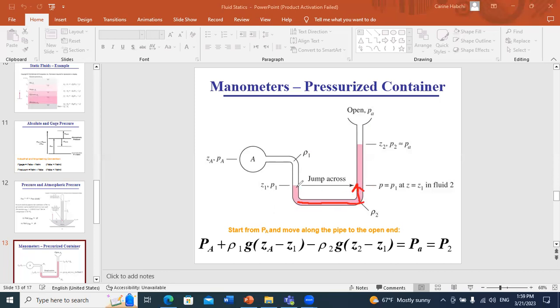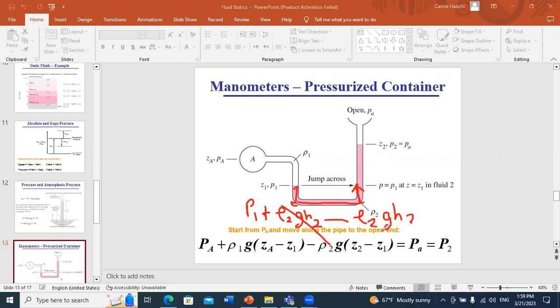That is, when you move from this level to the bottom level, you have P1 plus rho of fluid 2 times G times H2. Then if you move up the same distance, you subtract rho 2 G times H2. Because you moved downward and then upward the same distance, these two cancel out.